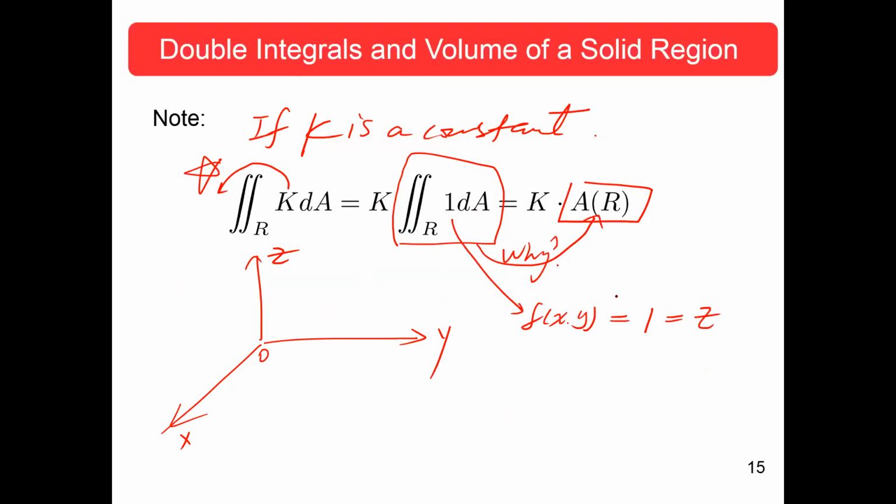Correct? What does the graph of 1 look like? What kind of surface is this? It's just a flat plane, horizontal, parallel to the xy plane. So suppose here is z equals 1. So we're going to have a plane like this, right?